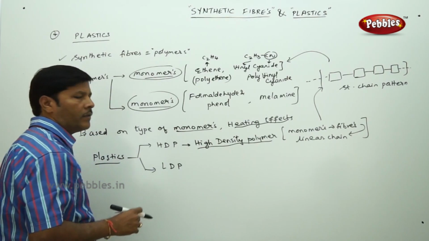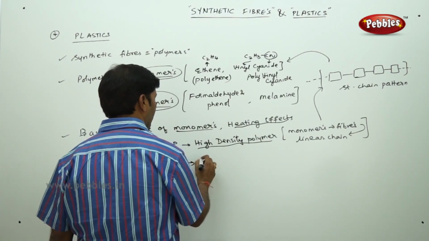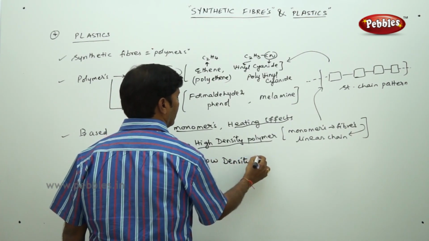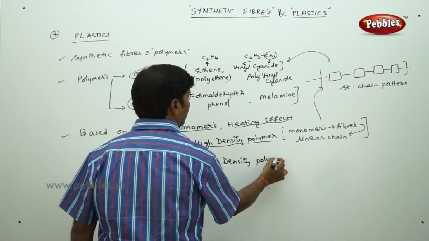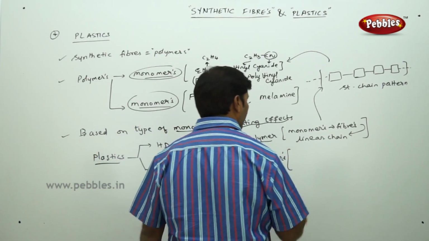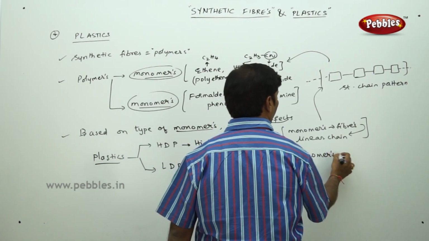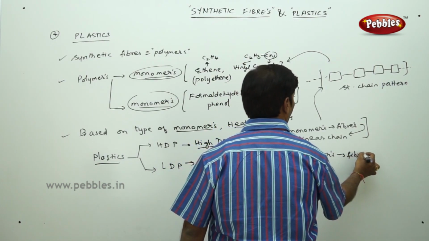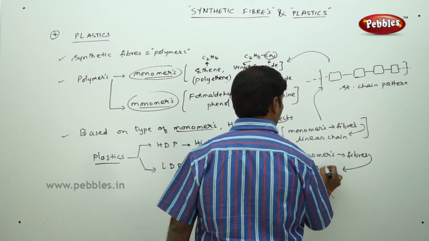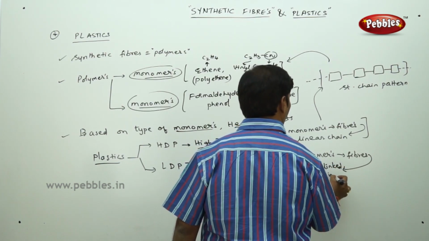Low density polymers, LDP. If you take these monomers in the form of fibers, they are cross-linked. They are in the form of a cross-linked chain pattern.